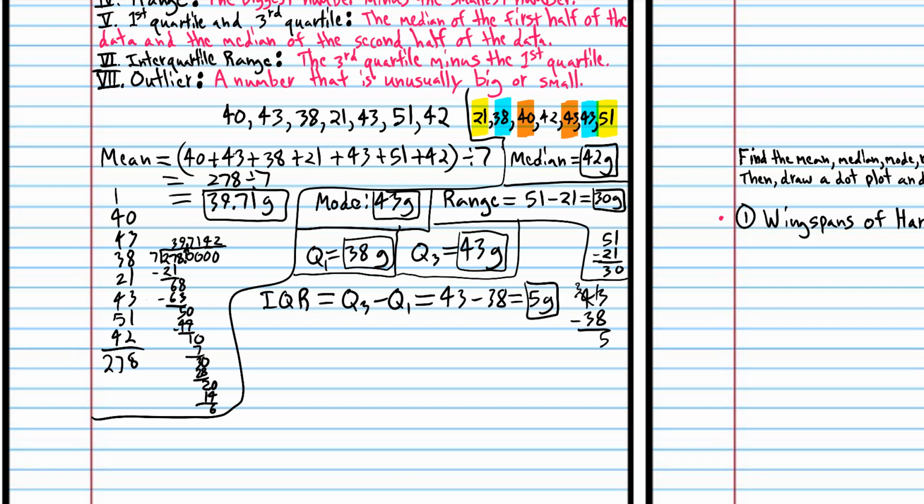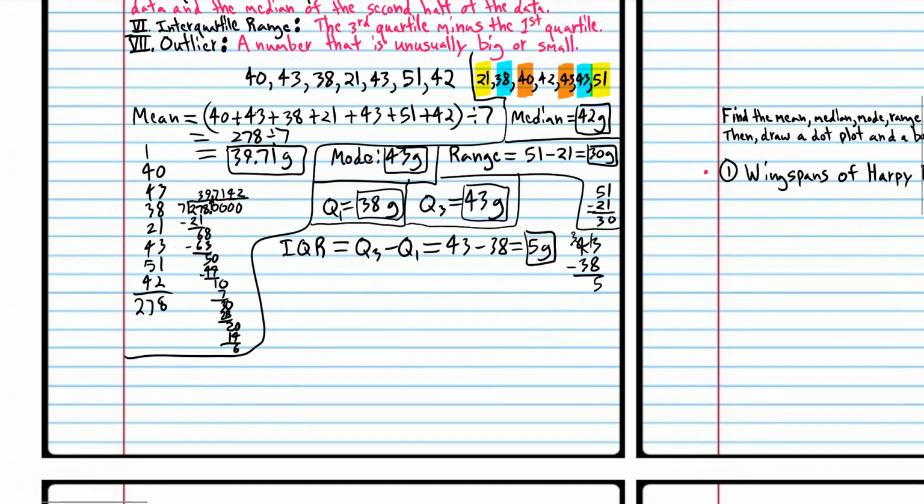Notice that the interquartile range and the range are both measures of how spread out the data is. It's extremely important to note that the interquartile range is much smaller than the normal range.